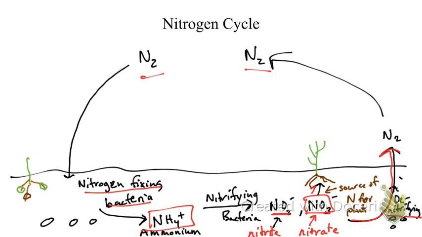Animals and humans? How do we play a role in this? Well, we can play a role in this ammonium. So what happens is when fertilizer is really high in ammonium. And if you fertilize, and this is a big problem on farms, if you over-fertilize, it runs off, and it causes an increase in ammonium.